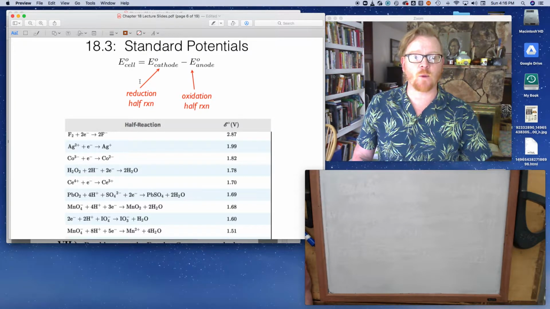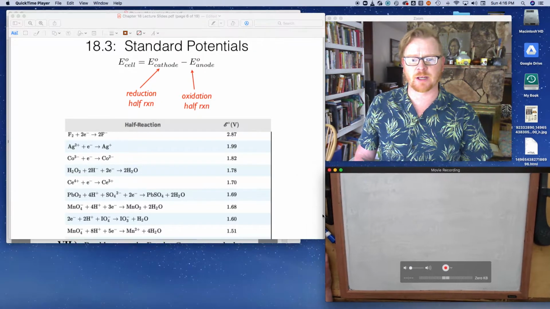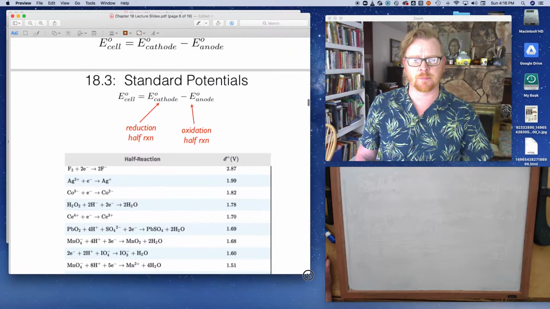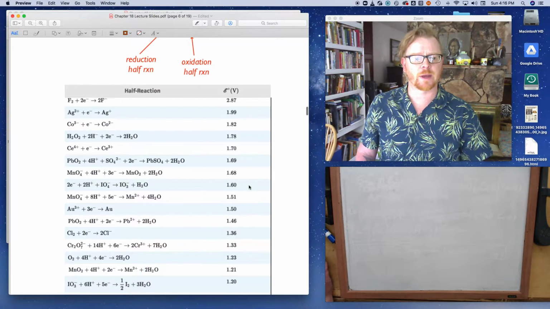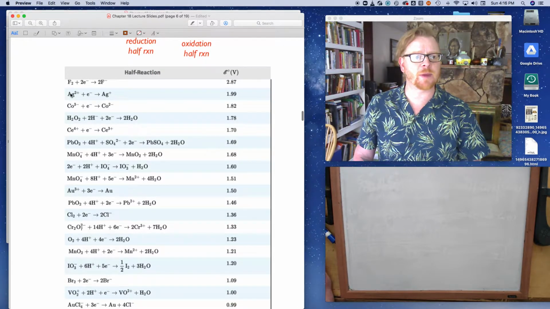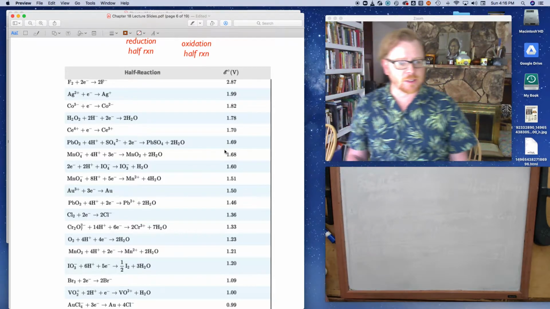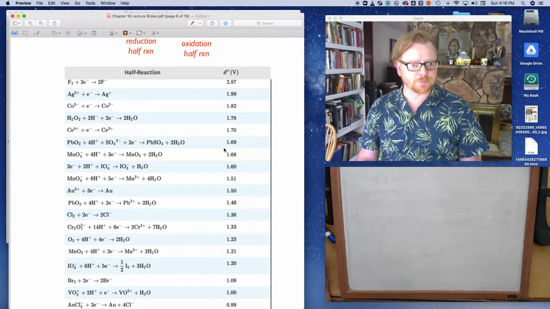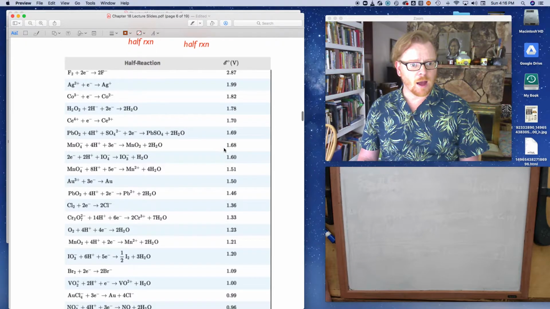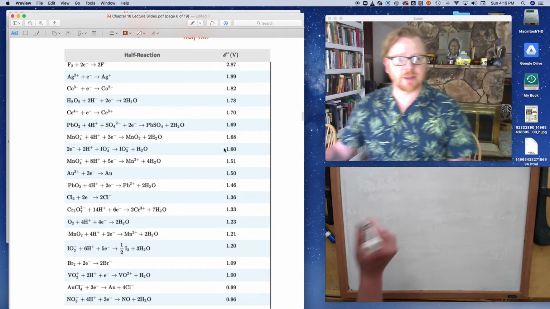So if I want to calculate a cell that I make up, let's suppose, I'm going to make this a little bit bigger so I can see everything here. I'm going to pick silver at 1.99 volts. So let's write that down. That was not the silver reaction I wrote, but let's do it anyways.